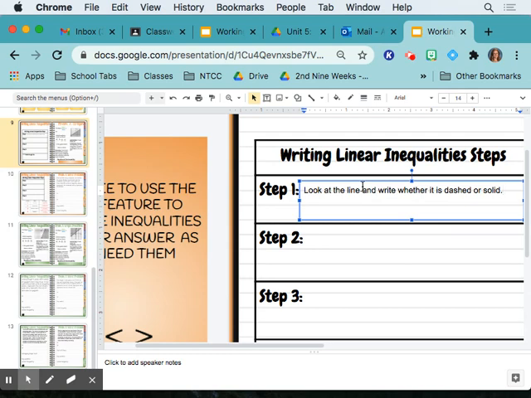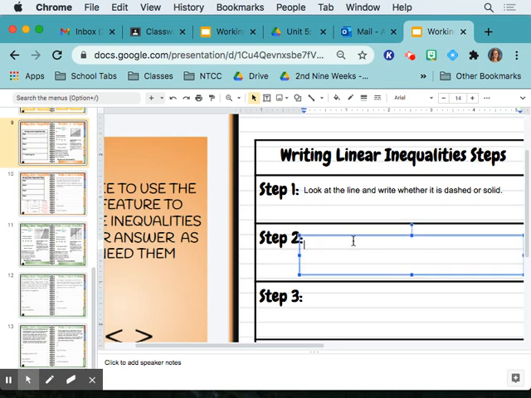This will help you narrow down answer choices pretty quick. We know with dashed, it's just going to be a less than or greater than symbol. Solid is going to be less than or equal to, greater than or equal to.